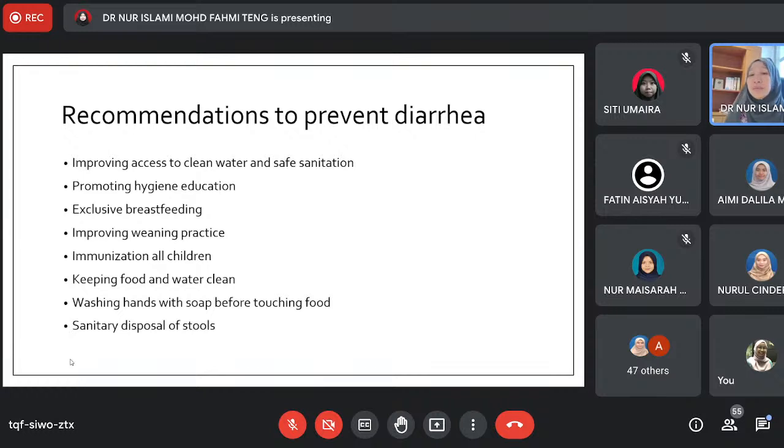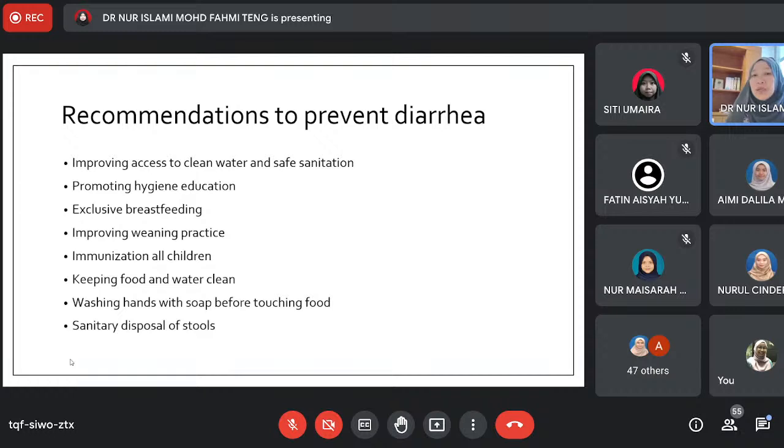And for babies, we promote exclusive breastfeeding, direct from the breast, because with bottle feeding, sometimes the bottle is not cleaned properly and there is still dirt on the milk bottle.